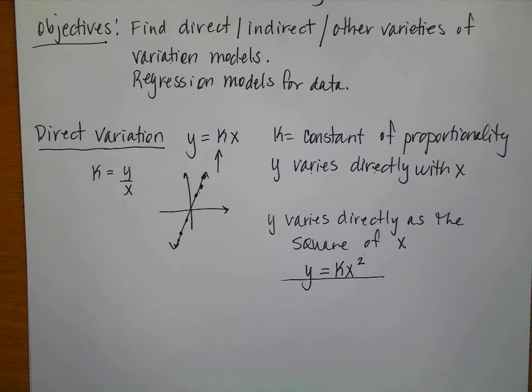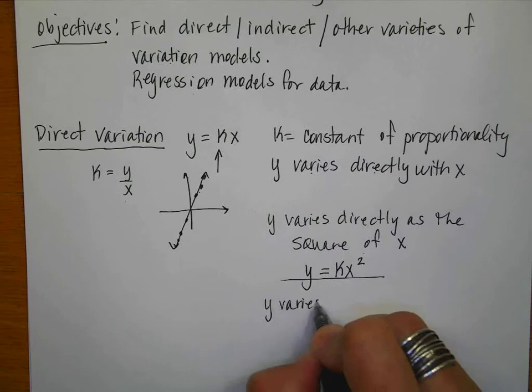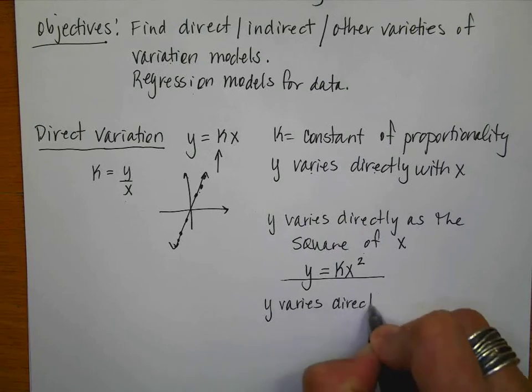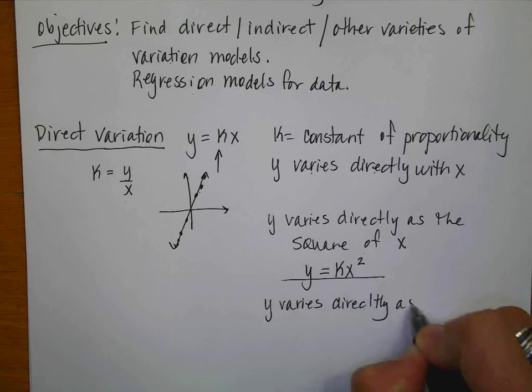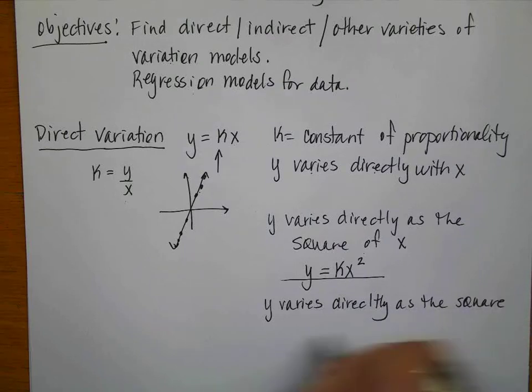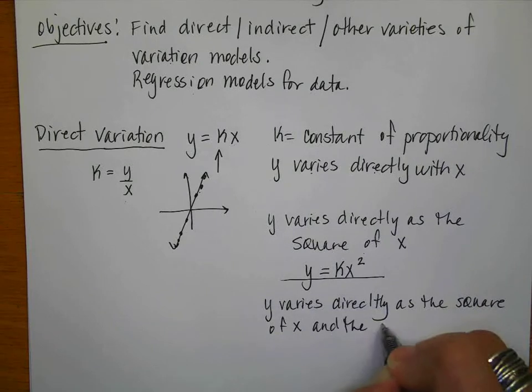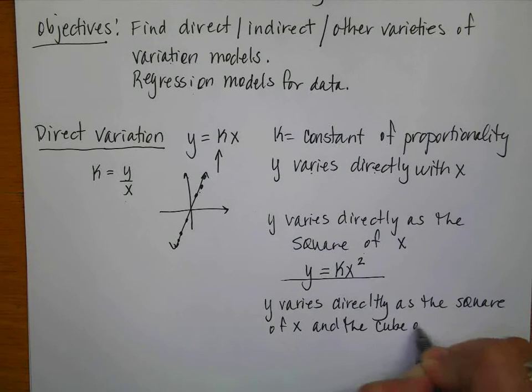So, and it can even have multiple variables. I could say y varies directly as the square of x and the cube of z.